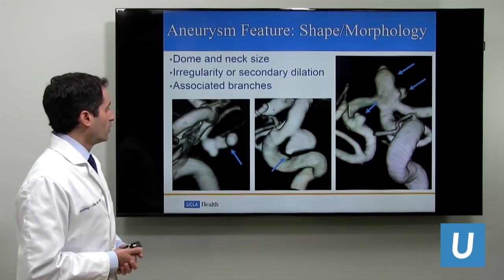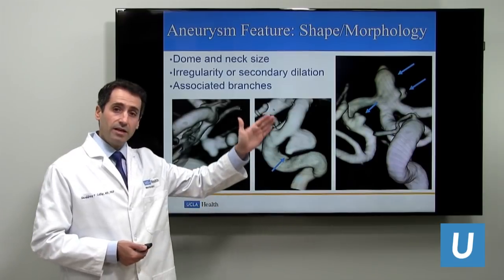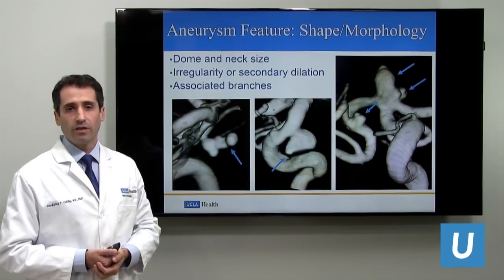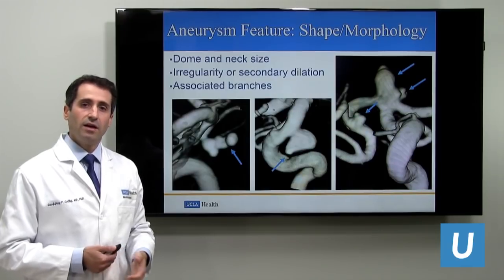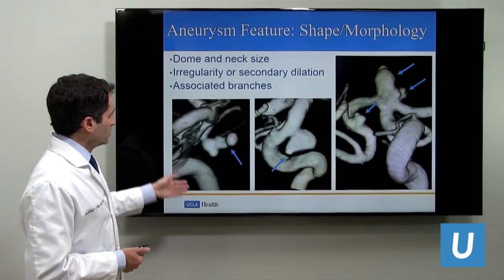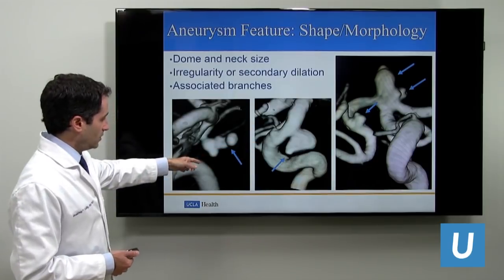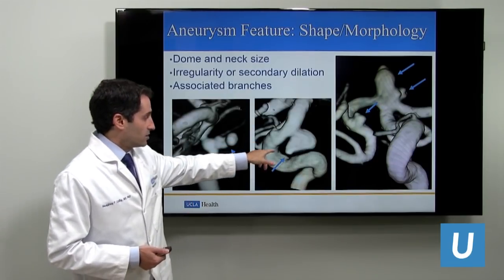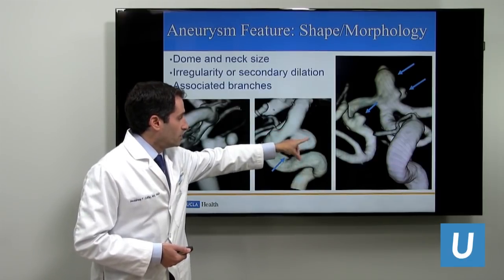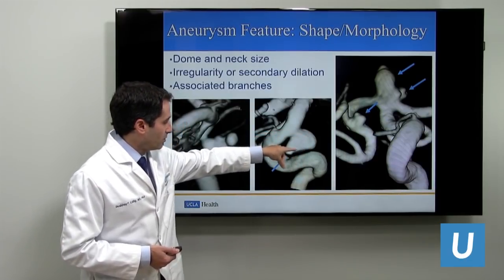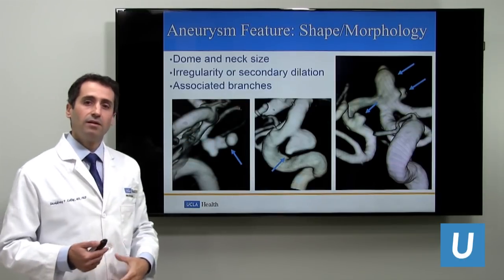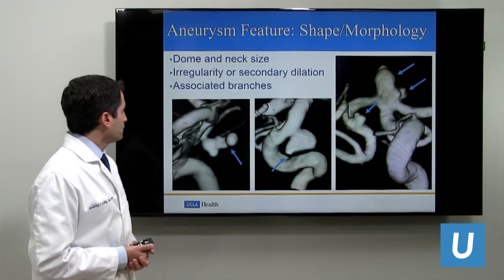We also want to know whether the aneurysm has a nice smooth round appearance, or does it have extra bumps and other features that we think is associated with more weakness and more problems with the aneurysm. Here's a variety of different examples of aneurysms as shown by these blue arrows, and you can see not all aneurysms have a very friendly, smooth appearance. They have these other kinds of outpouchings and morphological irregularities that we think make the aneurysm more dangerous.